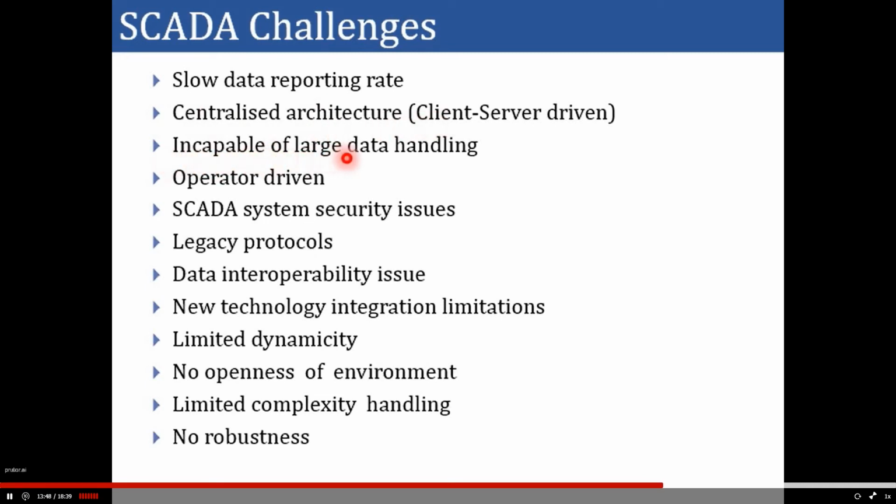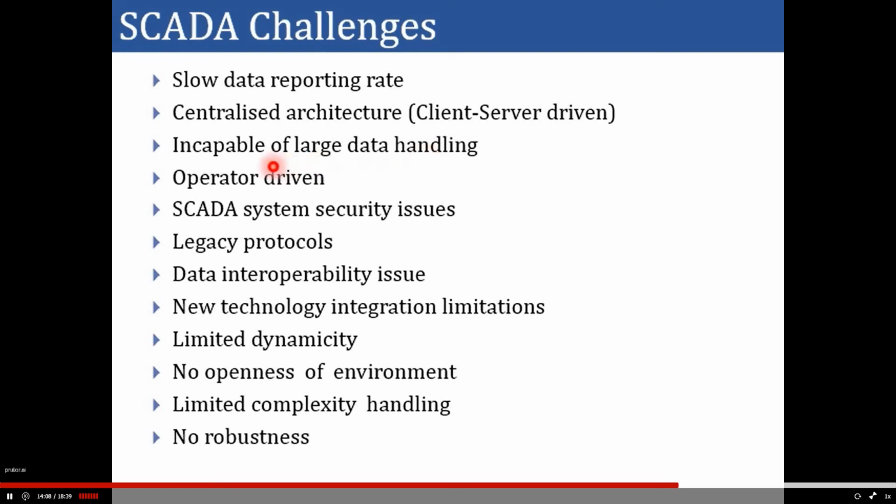It is also incapable of large data handling because the system is not designed for very large data processing capabilities. Being a legacy system, we do not have the capability to process big data or large size of data in the SCADA system.